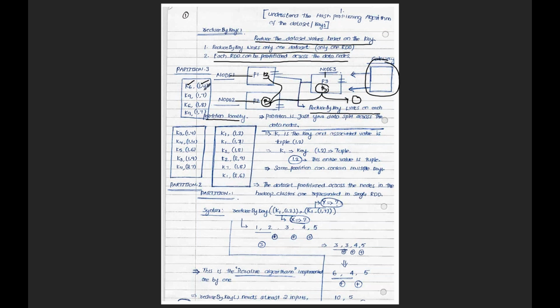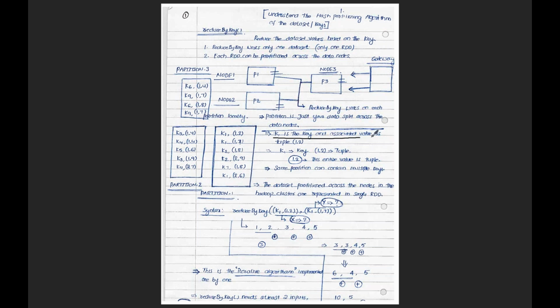Now let's see here. I'm clearing the drawings. I'll draw again. For example, k1 is the key and the associated value is a tuple. For example, k comma v means key comma value, which is k comma 1, k comma 2, k comma 3, that is key value pairs. This will be key, this will be value.